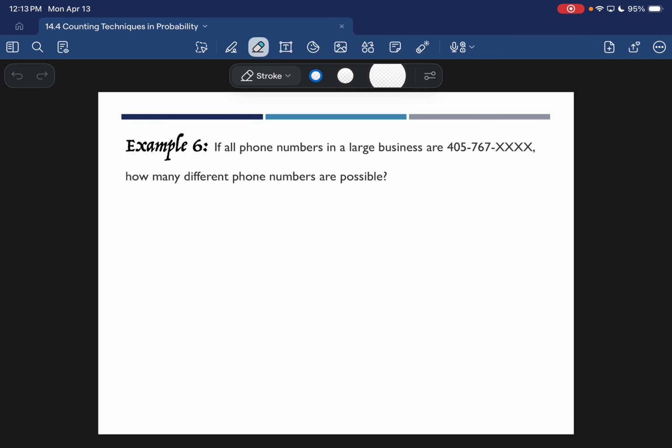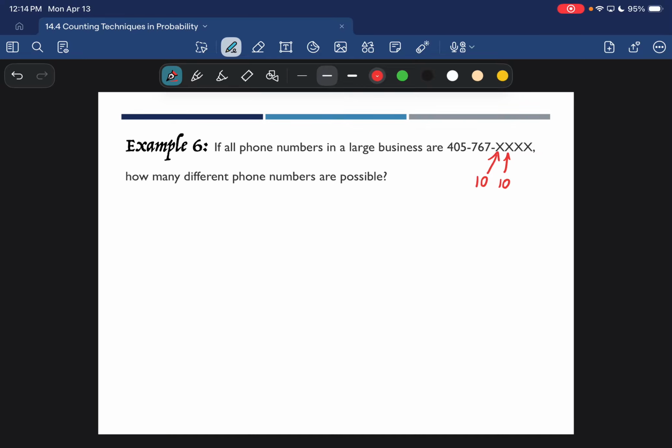How many numbers can you put in this spot right here? How many choices are there? 10. There are 10. How many choices are there right here? There's 10. And let me pause for a moment because I want you to recognize if this could be done with a permutation, the numbers would have to be decreasing.